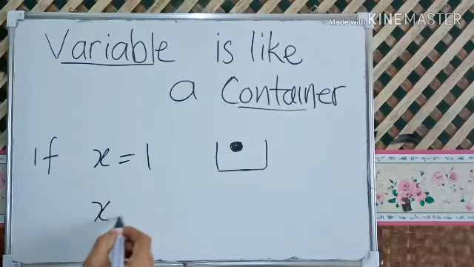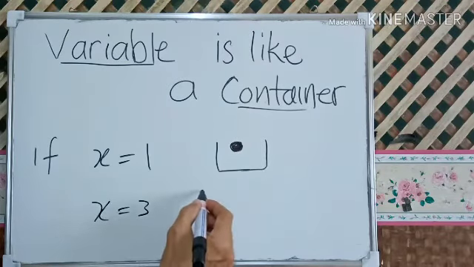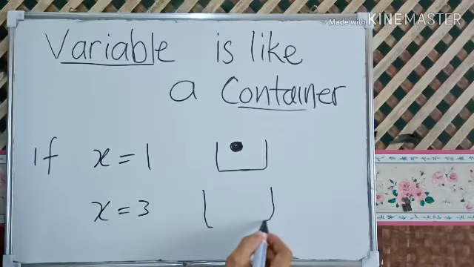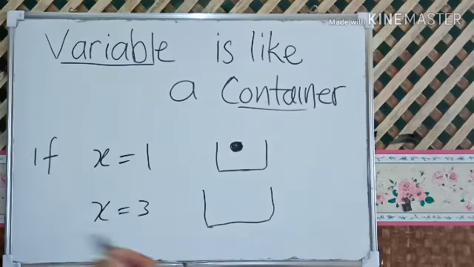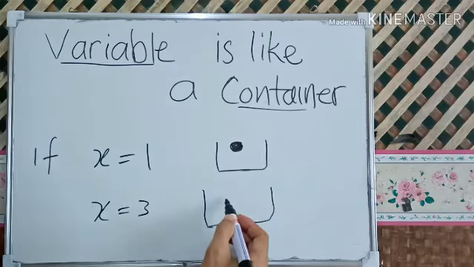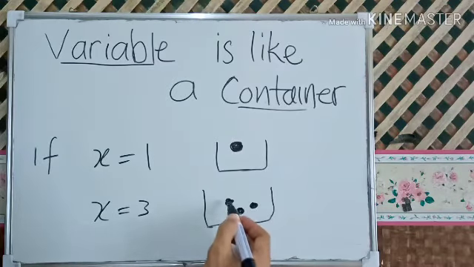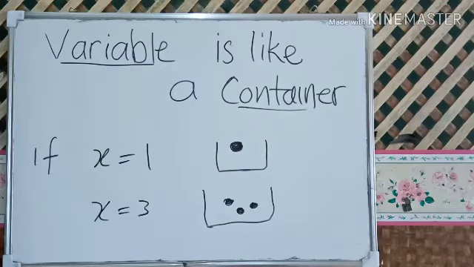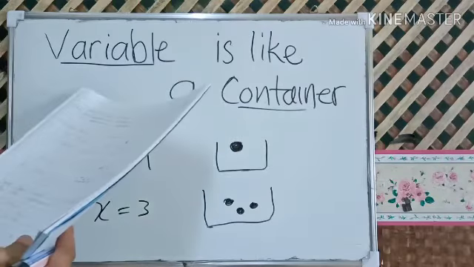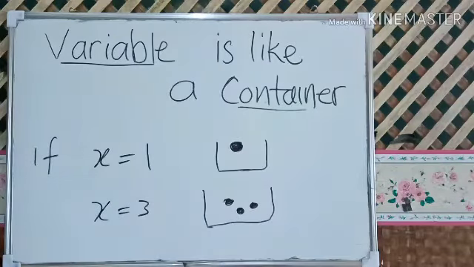And if x equal to 3, we can draw a container with 3 things in the container, something like that. We can think of variable as a container like this.